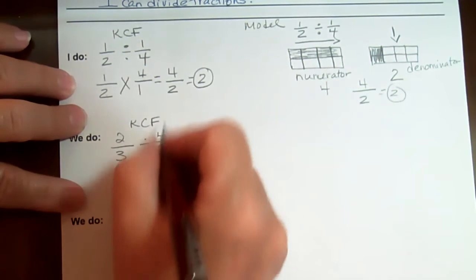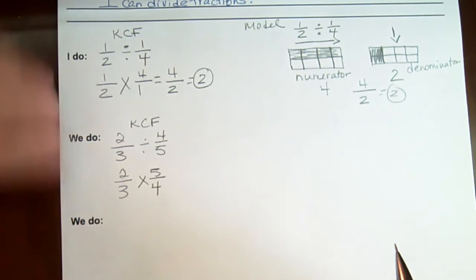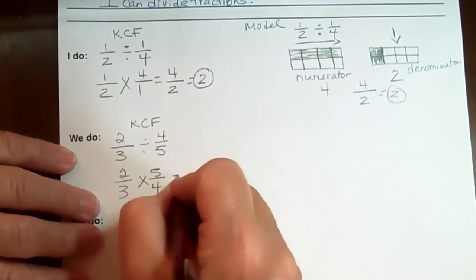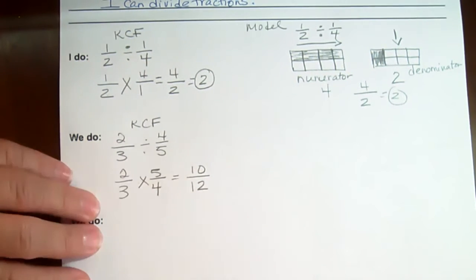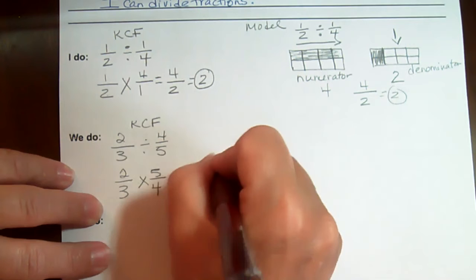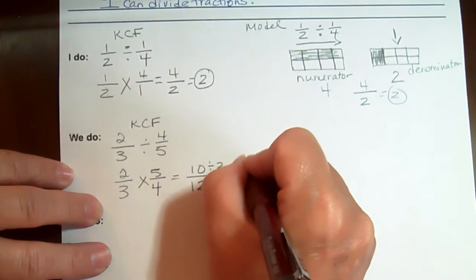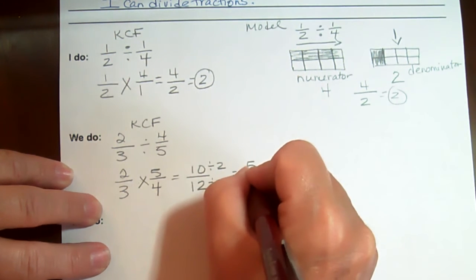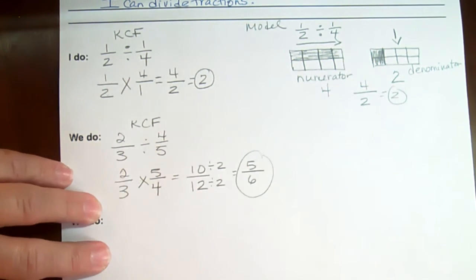What the reciprocal means is just turn it upside down, and you have 5/4. 2 times 5 is 10. 3 times 4 is 12. That is not in simplest form, but I know that 2 goes into both of those. 10 divided by 2 is 5, and 12 divided by 2 is 6. So my answer is 5/6.